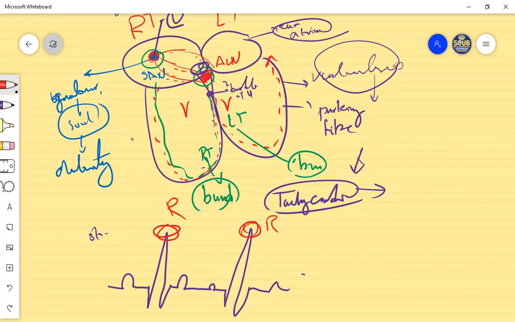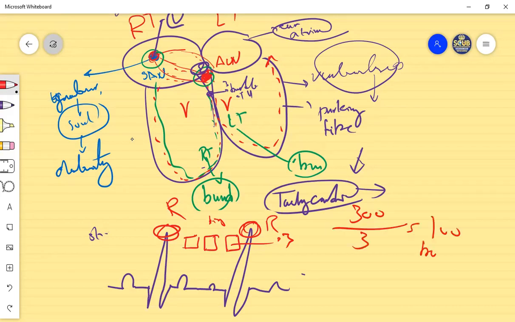This is called R, this is R. You will find the big one. You will count how many big boxes are between those two R's. For example, you'll find 3 boxes. You will divide 300 over the 3 boxes, so it will be 100 beats per minute.